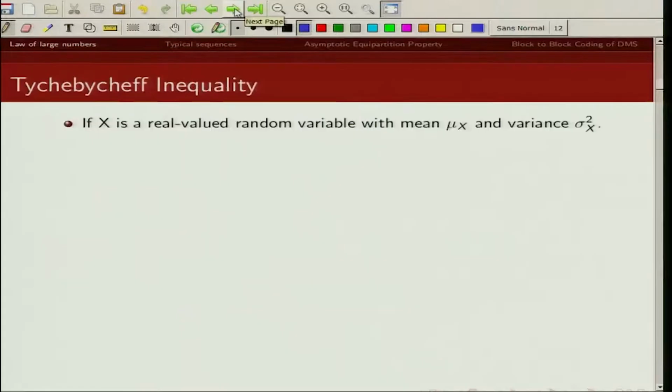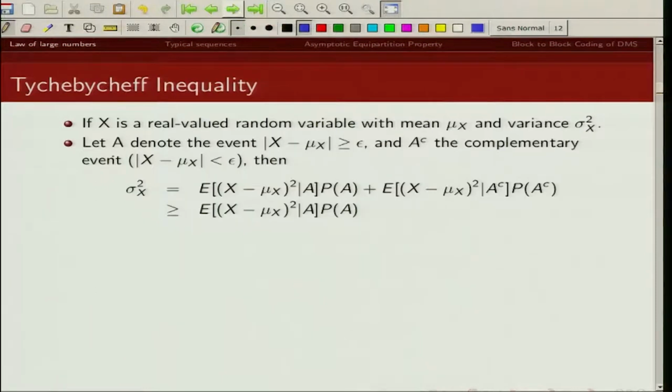To prove this, let us say X is a real valued random variable with mean mu_x and variance sigma_x square. Now we denote an event A as follows.